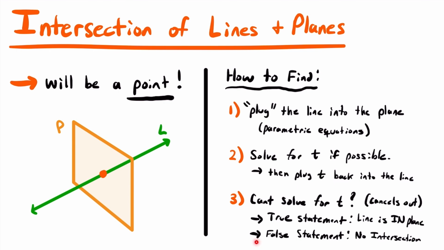Now, if you're left with a false statement, something like 2 equals 1 or 3 equals 4, right, things that aren't true, then what that means is that there's no intersection. The plane and the line do not intersect. Okay, and so those are the basic guidelines that you want to keep in mind, but let's actually take a look at an example where we find the point of intersection between a line and a plane.